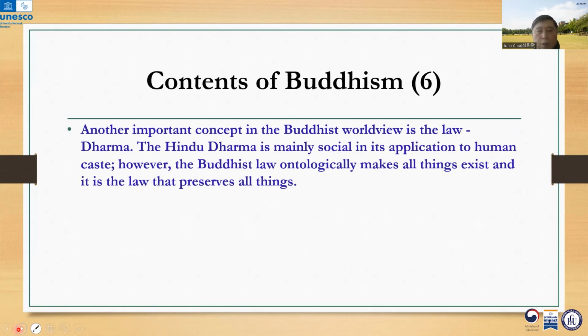Another important concept is the law, the Dharma. Like Hindu Dharma, it has a very social application, but in Buddhism it is more ontologically spoken and explained.